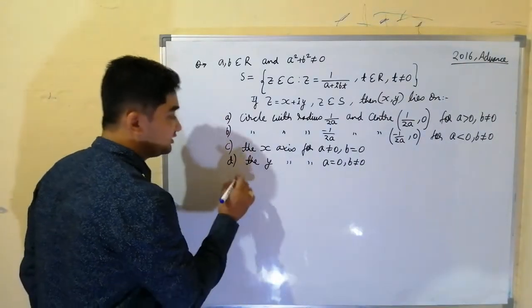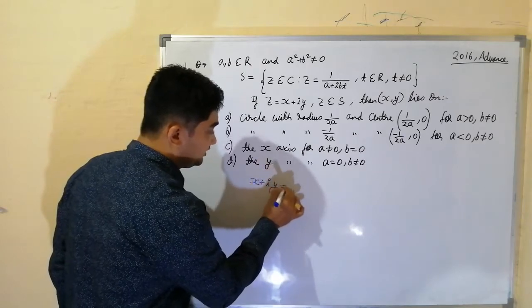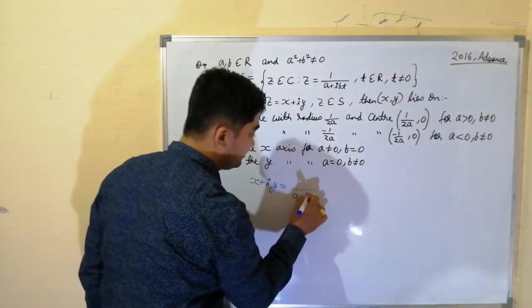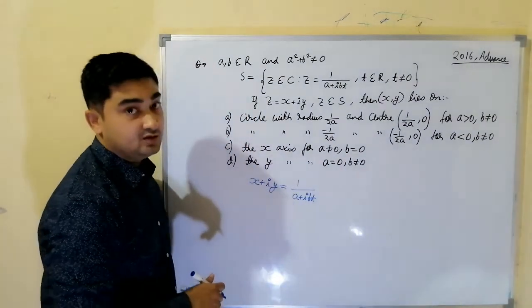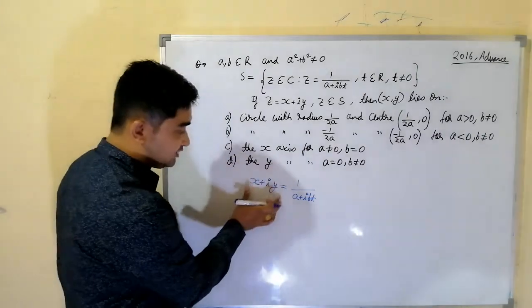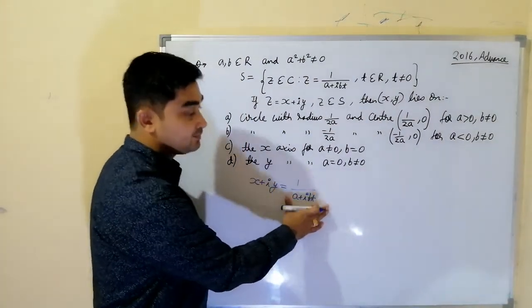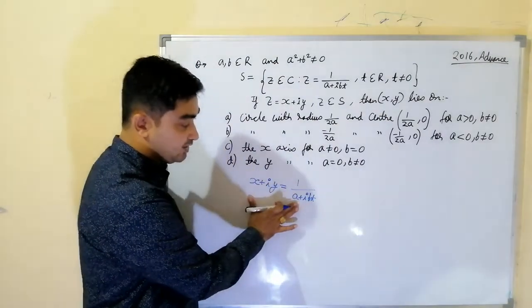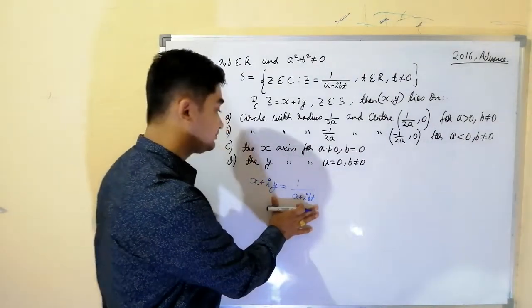But before that, what is z? z is x plus iota y, and z is also equal to 1 by a plus iota bt. Now we want the locus of x and y. The left hand side is a complex number, the right hand side is also a complex number. Two complex numbers are equal whenever real part equals real part and imaginary part equals imaginary part.